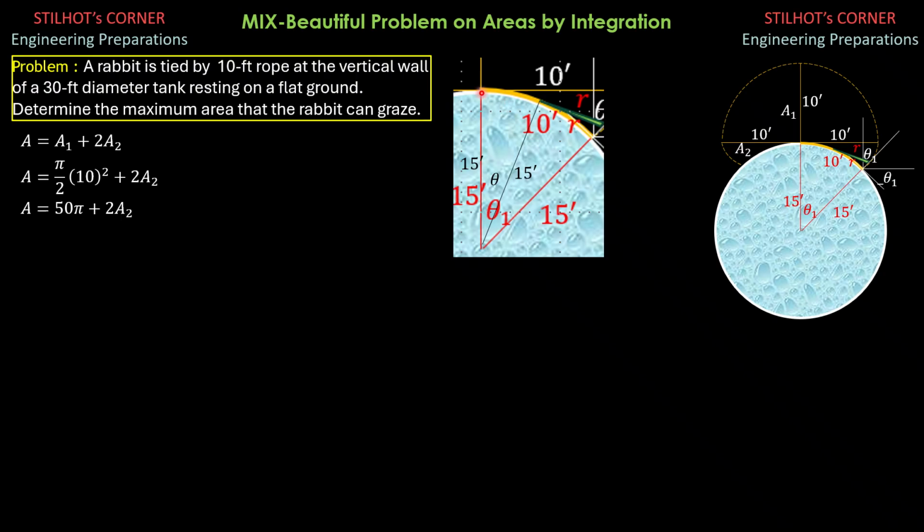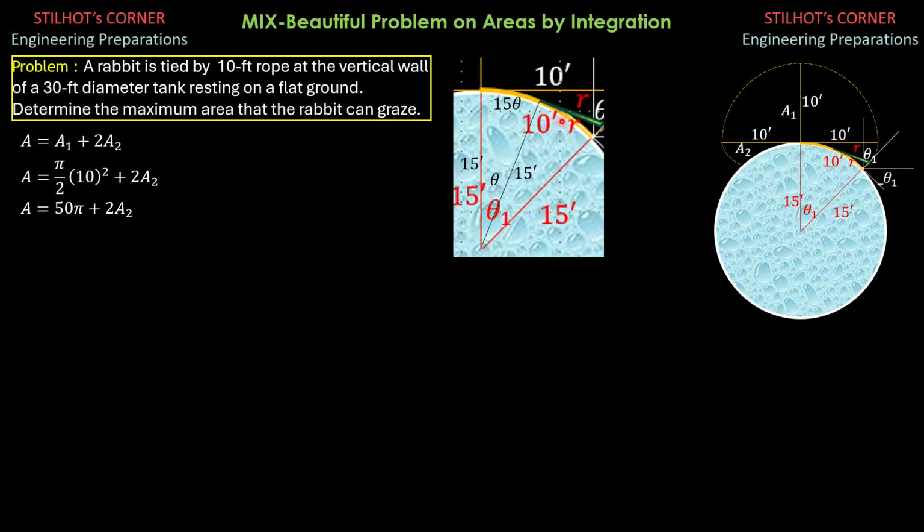Therefore, the portion of the rope that is draped partially on the curved surface of the vertical wall of the tank is equal to radius times central angle, so 15 times theta. So the remaining length of the rope, which is originally 10 feet, this R here, is equal to 10 feet minus 15 theta.